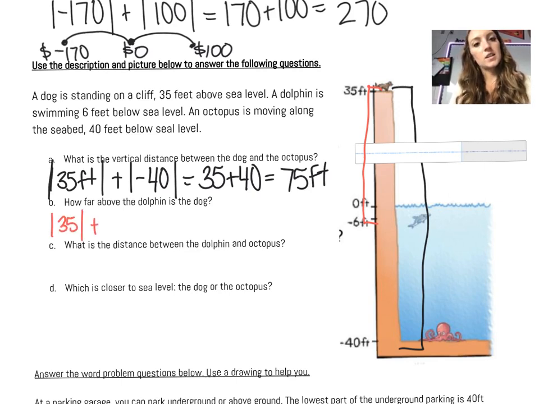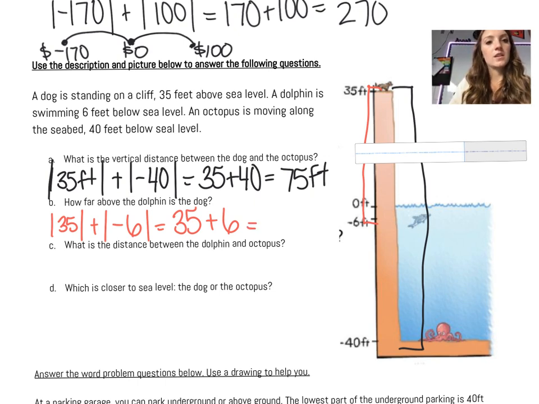I want to add it to my dolphin's distance to sea level, which is -6 right now, -6 feet. My absolute values end up being 35 plus 6. So altogether, the distance between the dog and the dolphin is 41 feet.